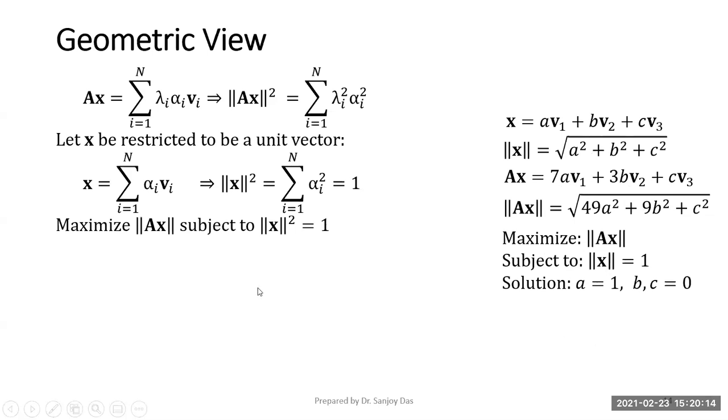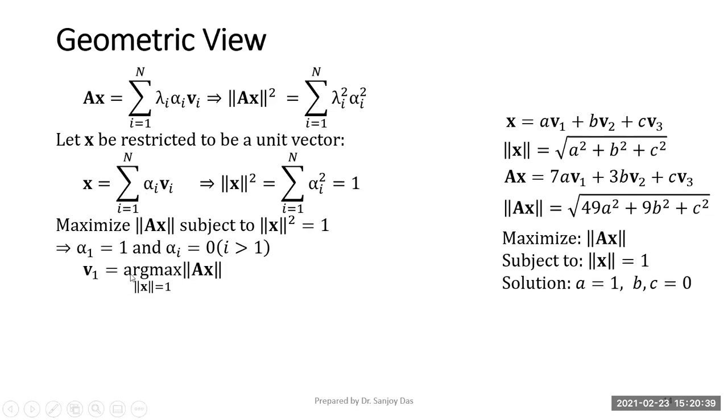So in general, suppose I want to maximize the length of Ax subject to x being a unit vector, L2 norm of x equals 1. This is my problem. What do I do? I let alpha 1 equal 1 and all the other alphas equal 0.